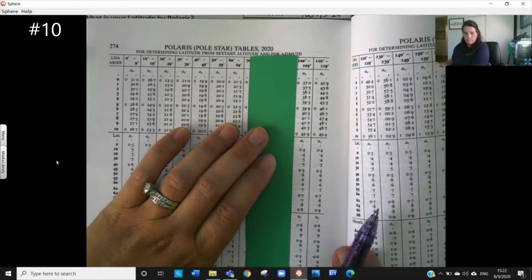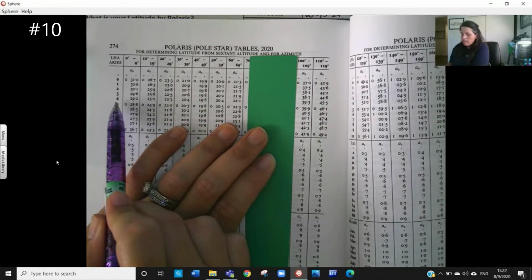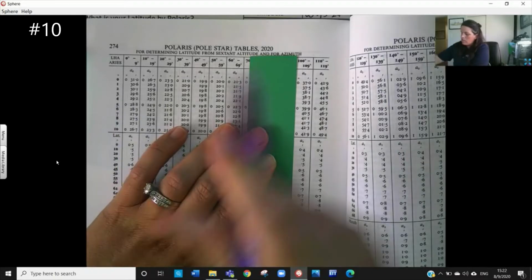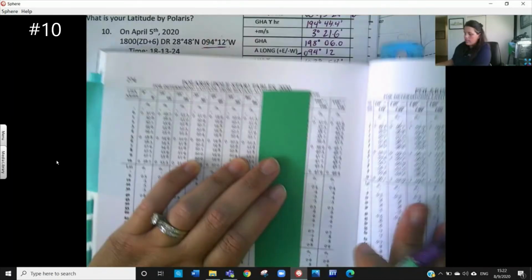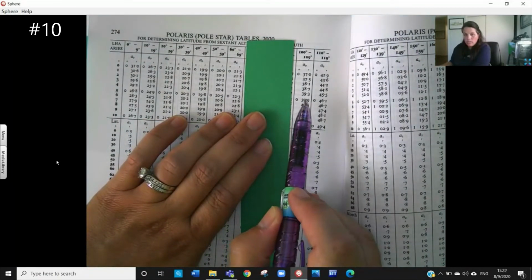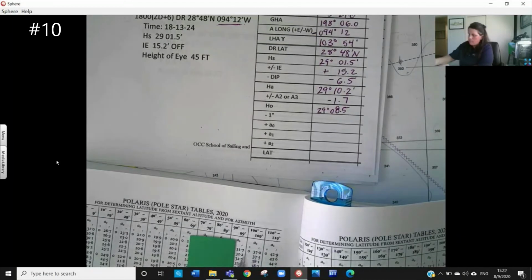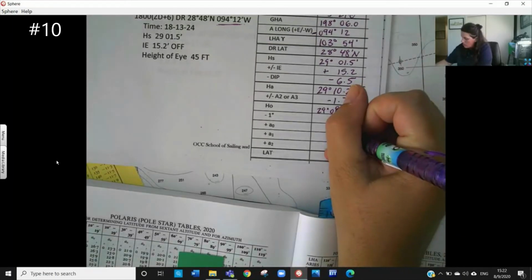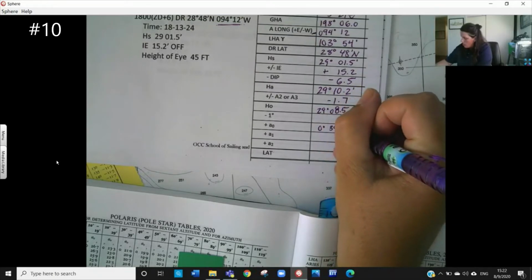Now, I was at 103.54, so I'm pretty close to the 4 degrees. So I'm just going to go with the 4. Right, 103.54, yes. So I'm going to go with the 4 at 0 degrees, 39.3 minutes. And that is my A0 correction. So my A0 was 0 degrees, 39.3.